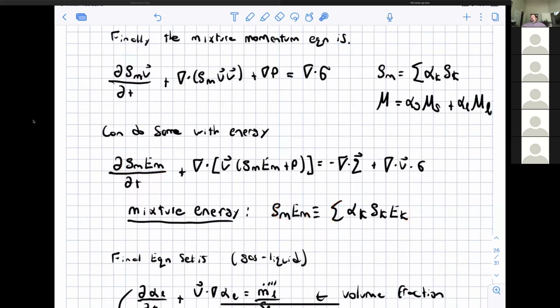Okay, but other than that, this is identical. The procedure for reducing the nasty conservation of energy equation for each phase is the same thing. You sum them all up, you apply the homogeneous flow, mechanical equilibrium, and thermal equilibrium.